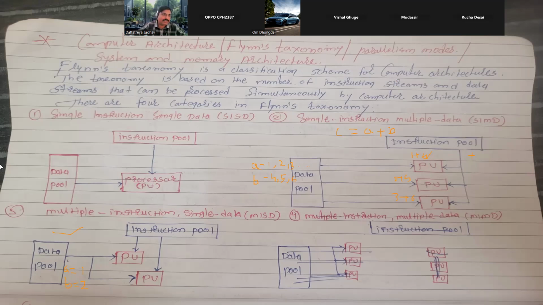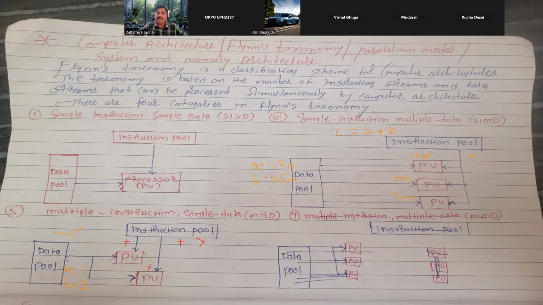I will change the color to red. The instructions are addition, the first instruction, and second is multiplication. So addition will be done by this processor and multiplication will be done by this processor.